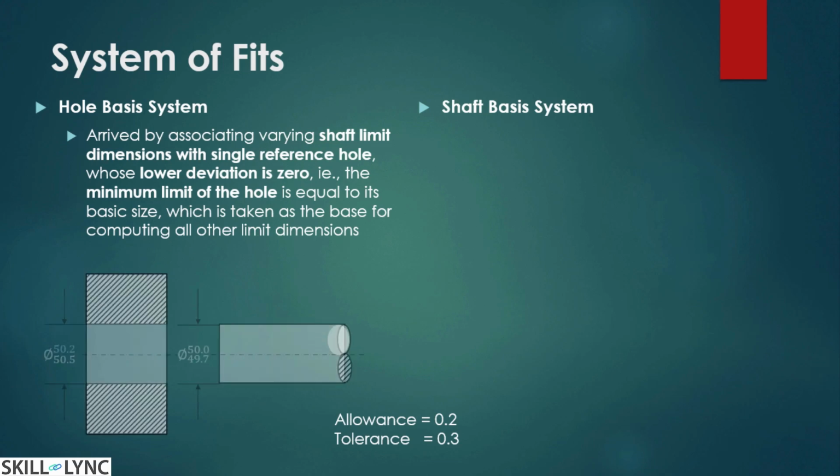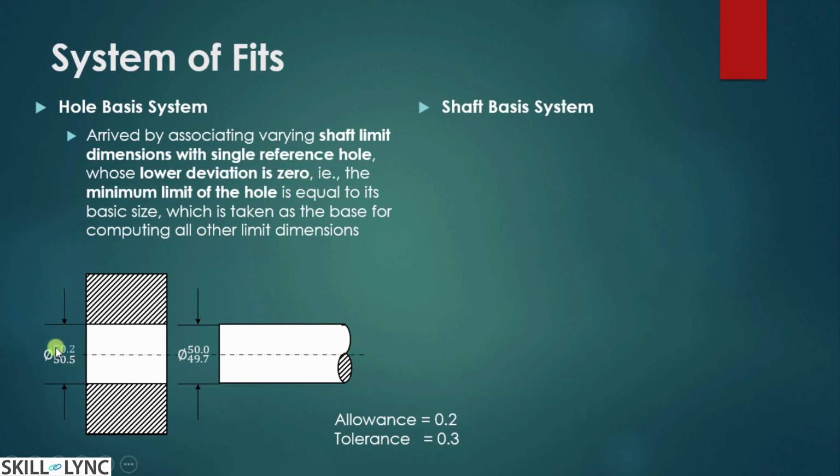Let us look at an example here. We have a hole and a shaft. As we said, this hole is going to be the reference, and hence the minimum limit of the hole is taken as the reference. It is going to be considered as the basic size of the hole. So for this hole of 50 mm diameter, the tolerance is 0.3, the maximum tolerance.